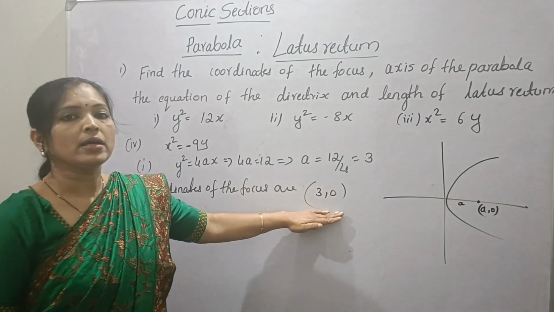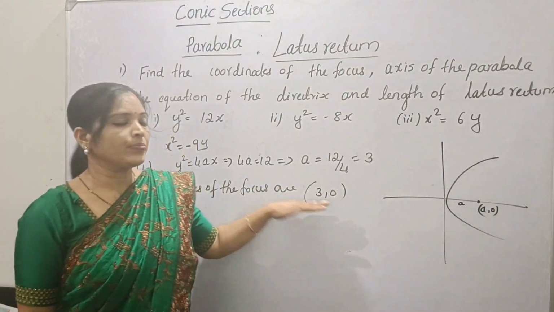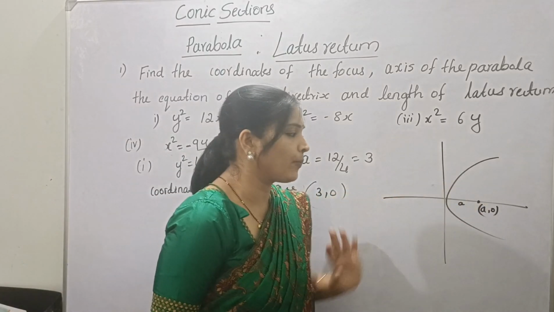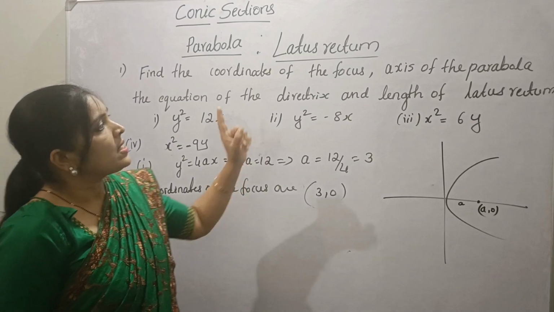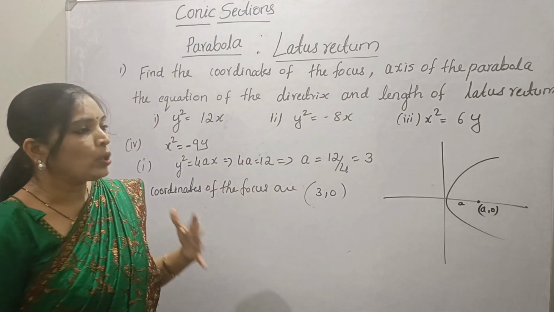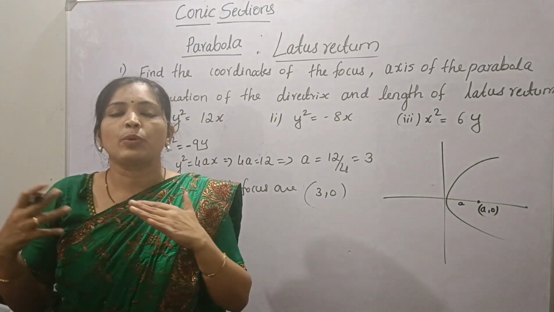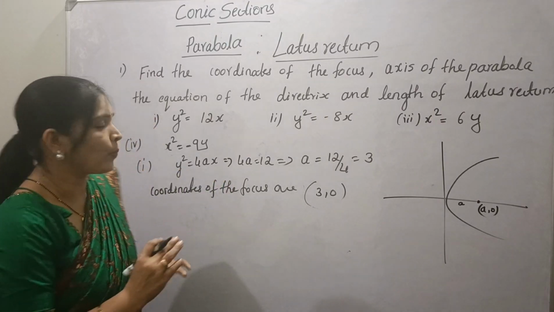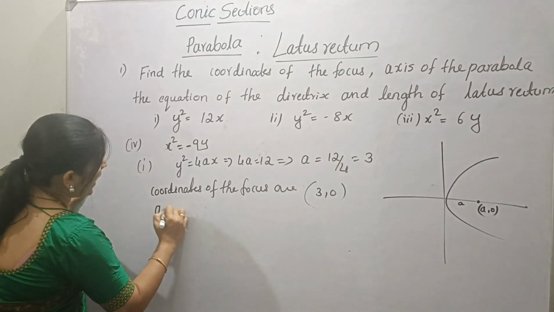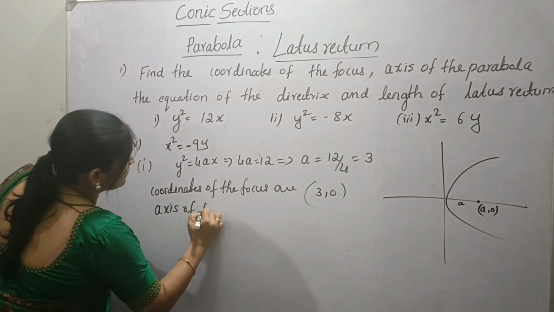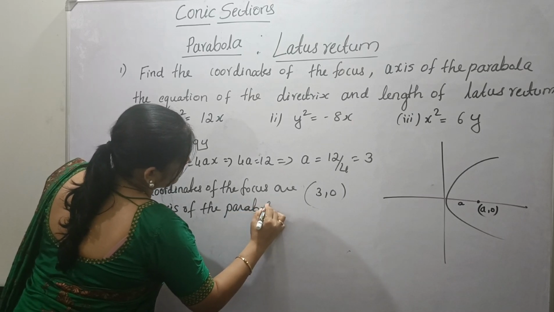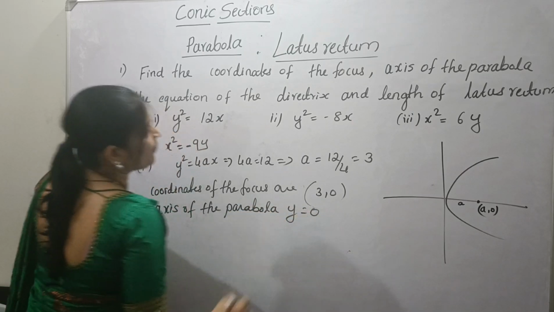Next, the axis of the parabola. We know that this parabola opens towards the x-axis, right? Therefore, the axis of the parabola is y is equal to 0.